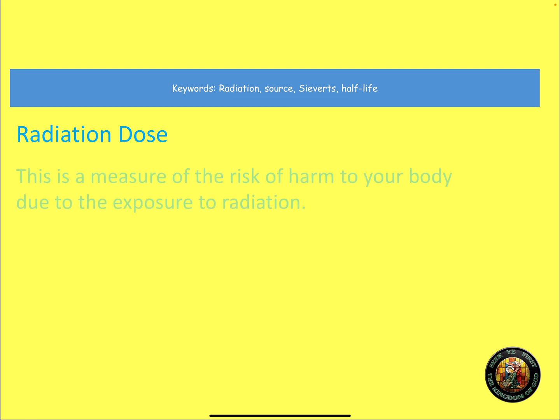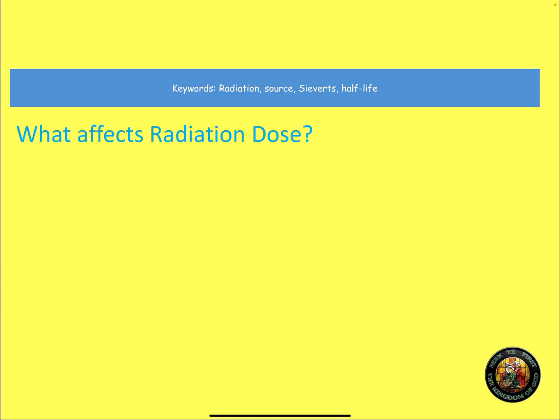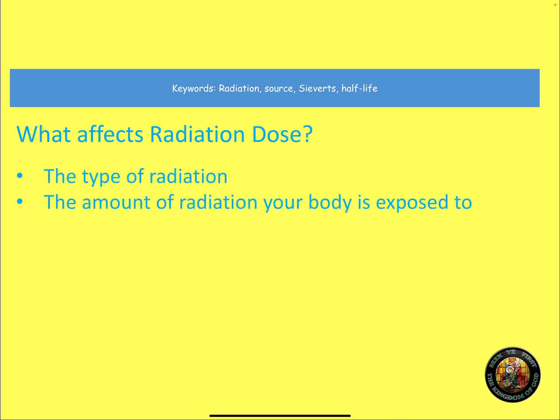Well, this is a measure of the risk of harm to your body due to the exposure to radiation. What affects radiation dose? The type of radiation, the amount of radiation your body is exposed to, and then what are the risks.